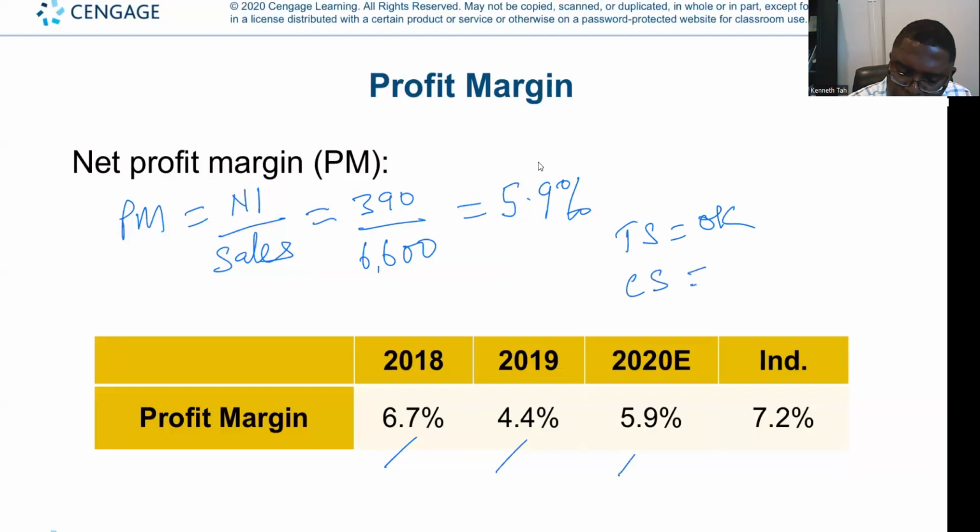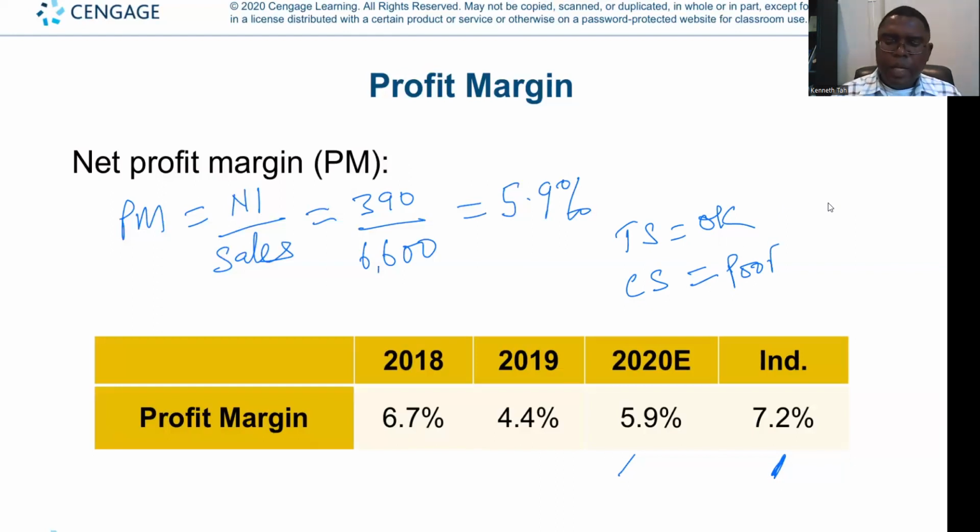And then cross-sectional analysis, we compare for 2020 the company's performance with the industrial average. And we can see that the company is performing below average. So for 2020, the profit margin is 5.9%, whereas industrial average is 7.2%. So we will say cross-sectionally, the company is performing poorly.